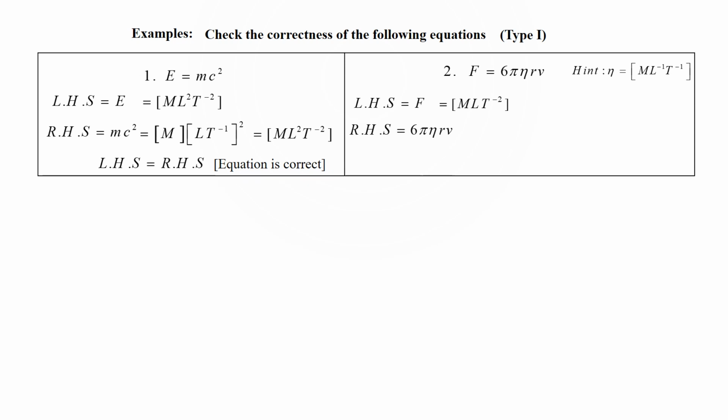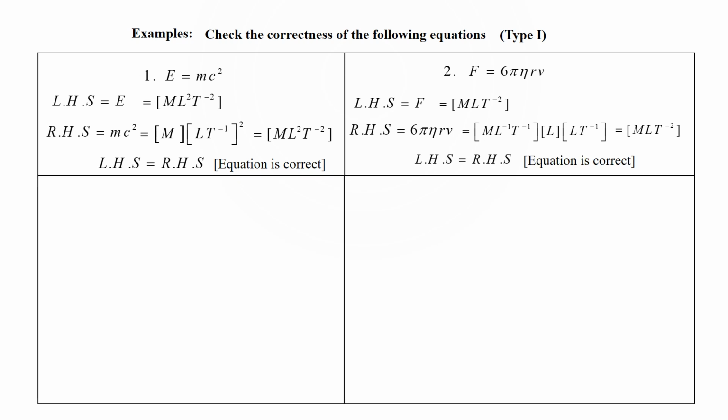Now 6 is a number, so no dimension. Pi is a constant, no dimension. Eta is ML^-1 T^-1. r is length, so L, and v is velocity, so LT^-1. On solving, we get MLT^-2. LHS and RHS have the same dimension, so it is dimensionally correct.